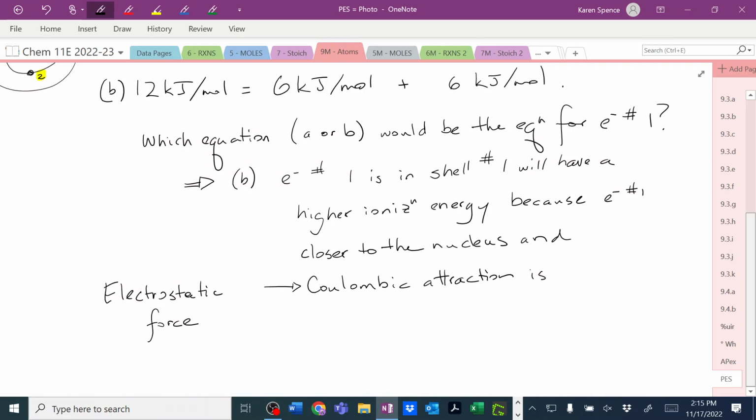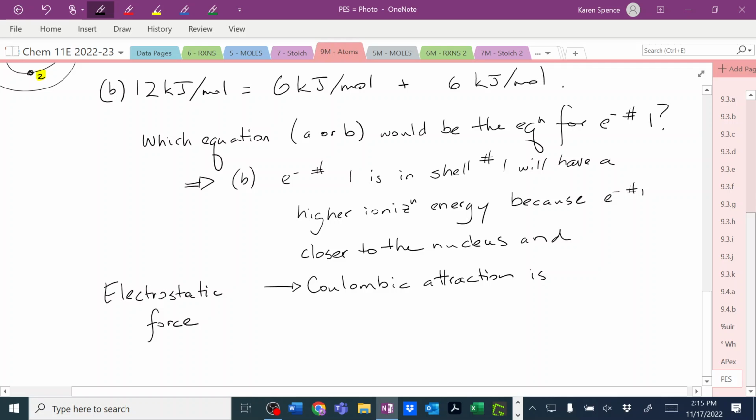That's nice, but what are we going to say to it in terms of how that relates to electron number one being closer to the nucleus and therefore having a higher ionization energy? I heard a word. Proportional.